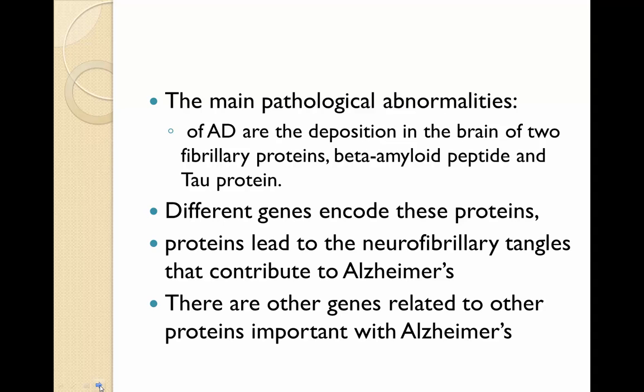There are different genes that encode for these proteins, and when you have these proteins, you develop these neurofibrillary tangles, and that's what contributes to the development of Alzheimer's. They are learning that there are other genes related to other proteins in the development of Alzheimer's, but no real specific thing has been put out there yet.